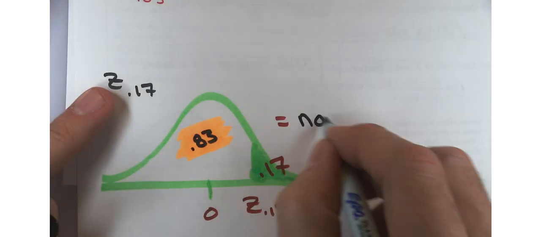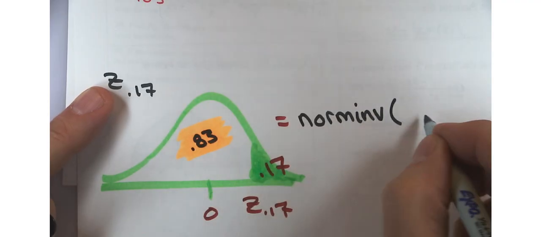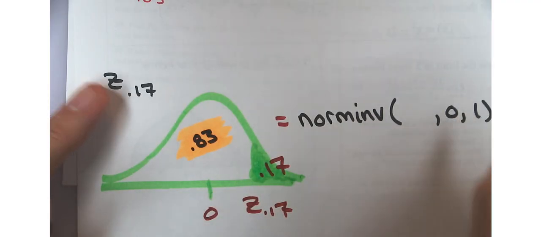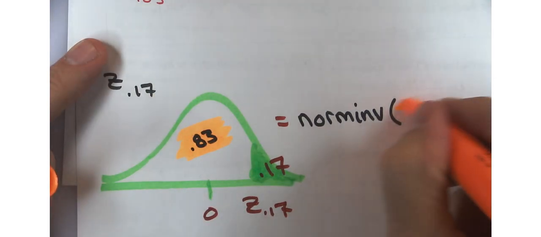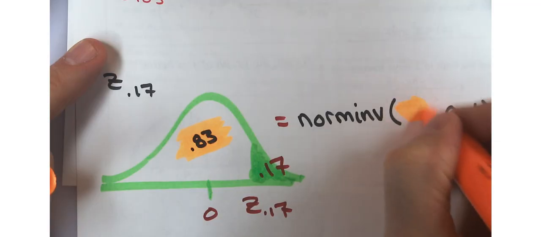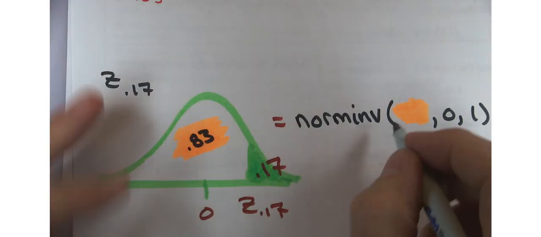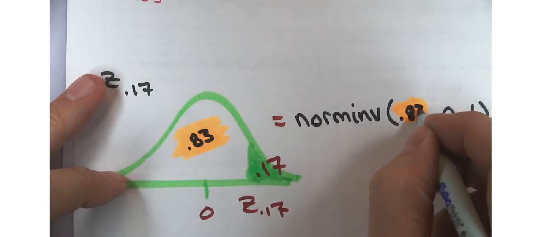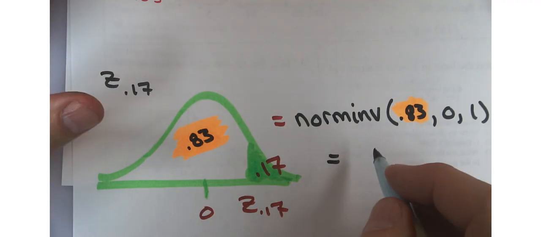So a couple choices for you. Norm inverse, I would just do it directly, and get 0.83. So norm inverse there should give you about what, 0.9542?